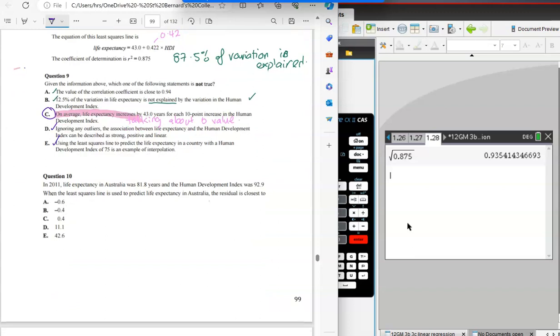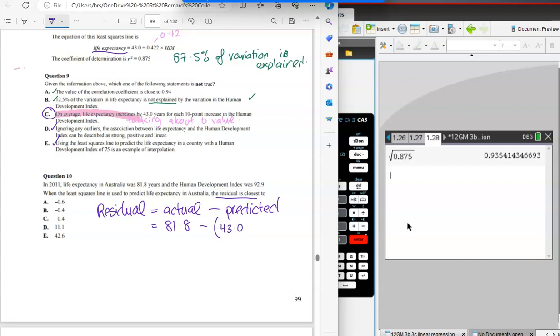And then it says life expectancy in Australia was 81.8 years with a human development of 92.9. And it says use the line to predict the residual. So let's write this. A residual is actual minus predicted. So it's your actual Y value. Y value is life expectancy, so Australia actually had 81.8. And I'm going to use the equation to get its predicted.